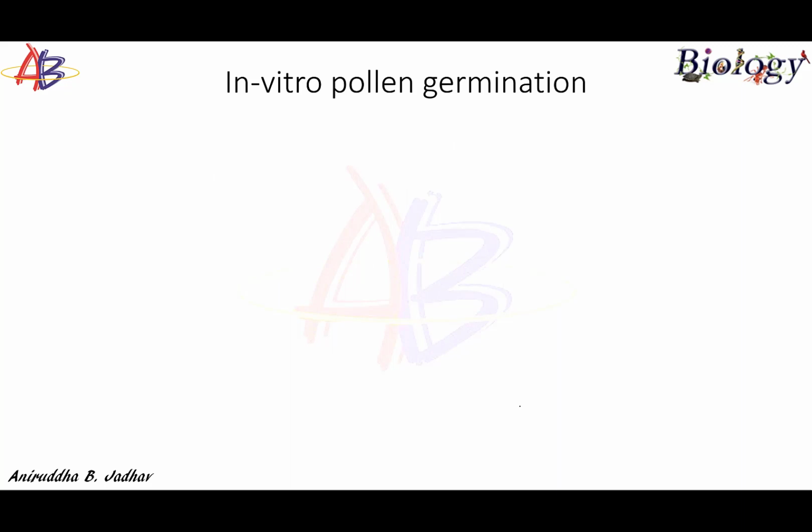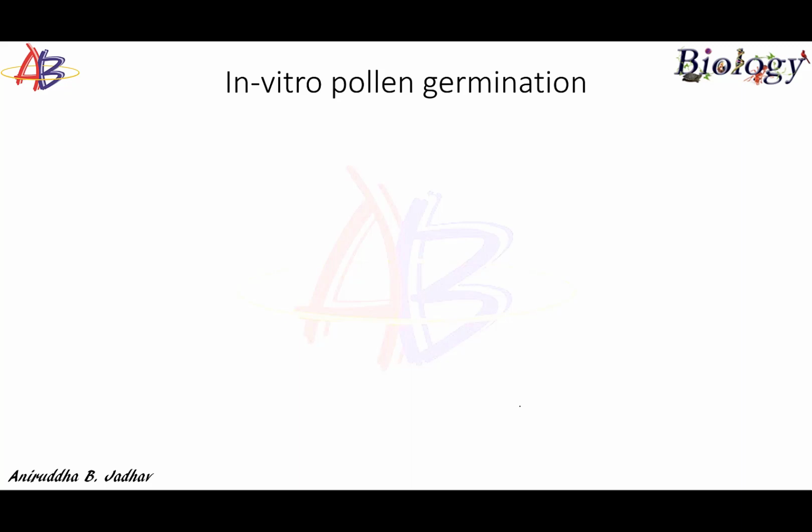Now, in vitro pollen germination. If the pollen-pistil interaction is positive, then the pollen tube will grow out of the pollen grain, and that leads to fertilization. The growth of the pollen tube we can actually observe with an experiment, right?